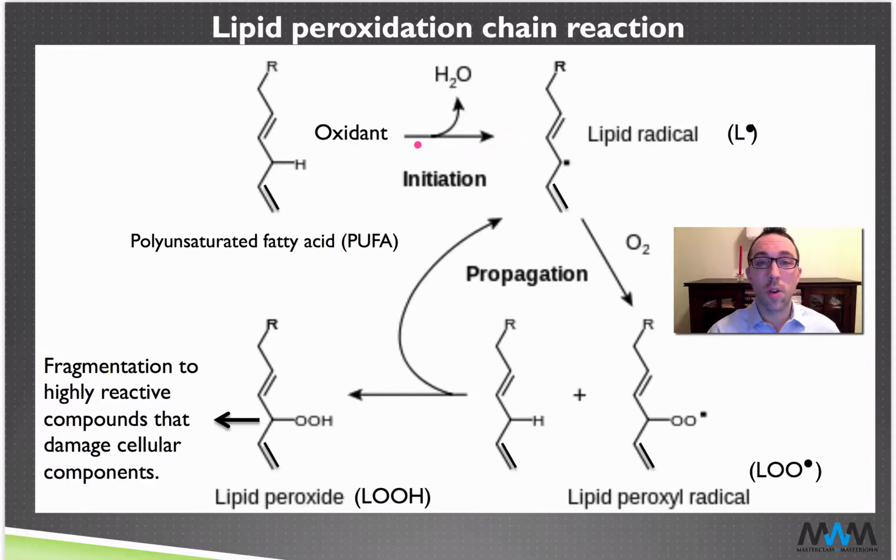If this were an oxidant that is the hydroxyl radical, that's OH dot, then it would become water, because OH dot taking a hydrogen and pairing it up with an electron gives you OH plus H, H2O, water.